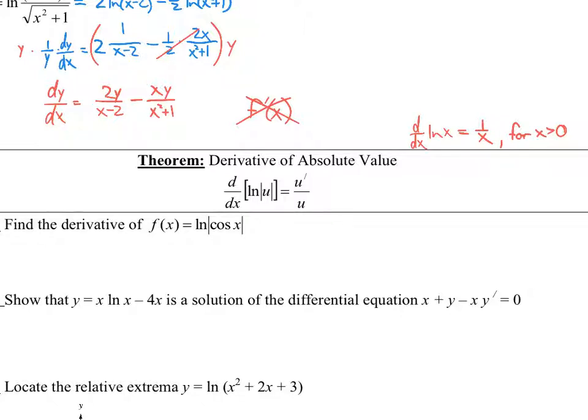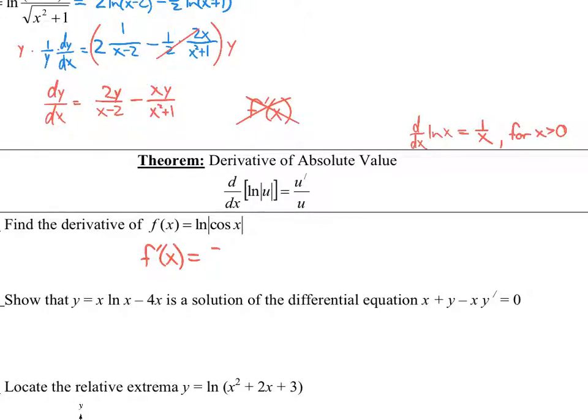First of all, if f of x is ln of the absolute value of cosine, then f prime of x would be what? It would be, what's the derivative of cosine? Negative sine.